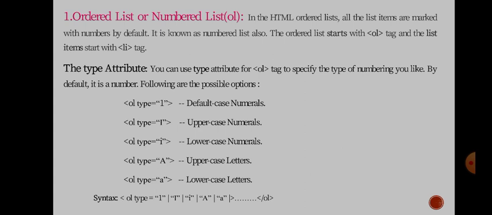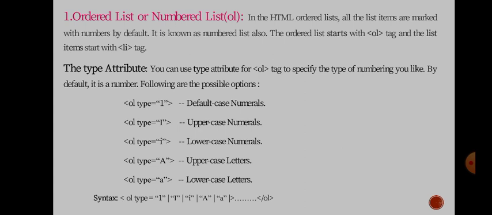And the second one, OL type is equal to capital I. It means uppercase numerals. Once you use this type, the list items are presented in uppercase Roman numbers. And OL type is equal to small i. It will present the list items in lowercase Roman numbers.